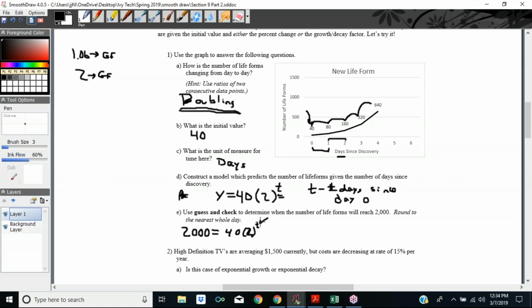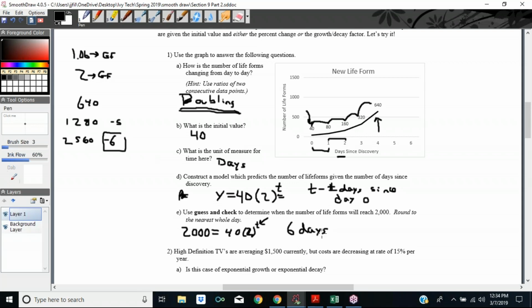And we're trying to find out how many days it's going to take for these to reach 2000. We can look at this and go, okay, it took 4 days to get to 640. And if we double that, that's going to be 1280. So that's day 5. And then 2560, if I double it again, that's going to be day 6. So it's going to take more than 5. So let's say 6 days.